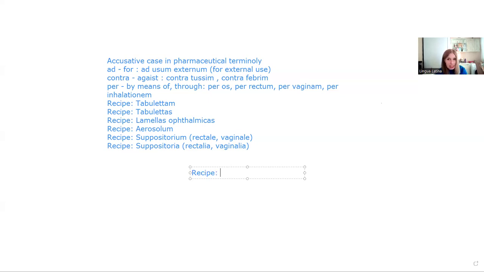We use accusative case instead of genitive case, so you should use recipe, ophthalmicas. Recipe ophthalmicas. Numero 6. Give out, indicate. Da, signa.